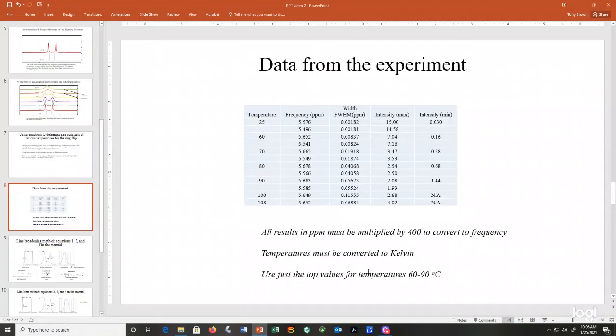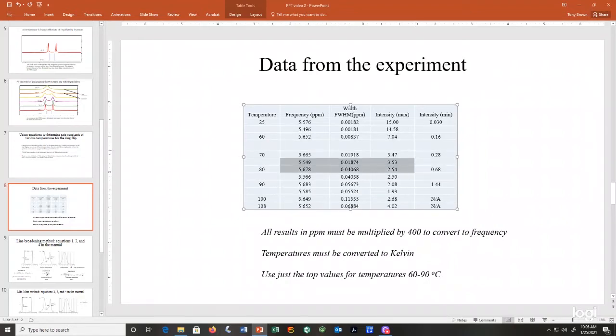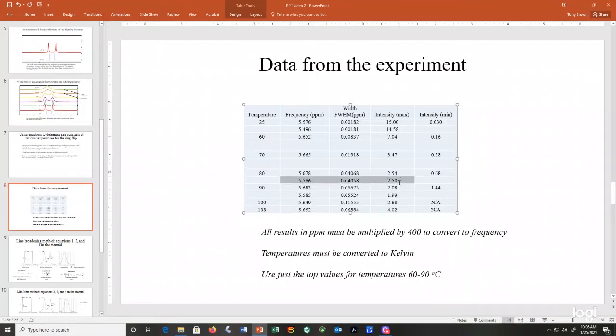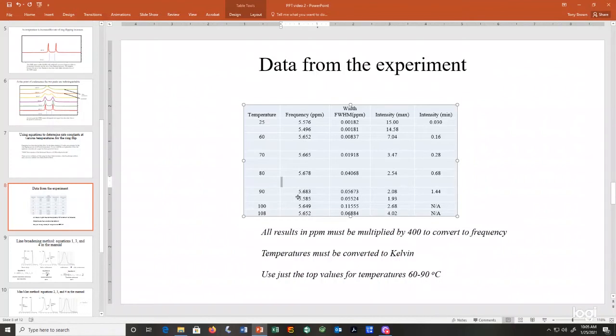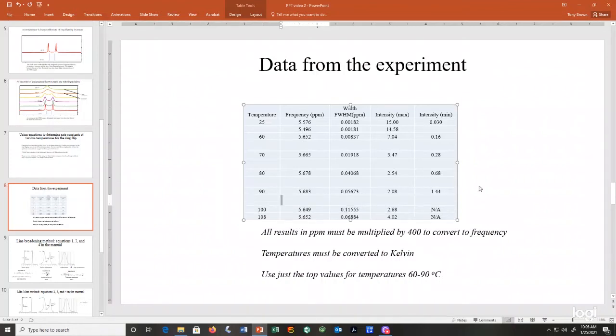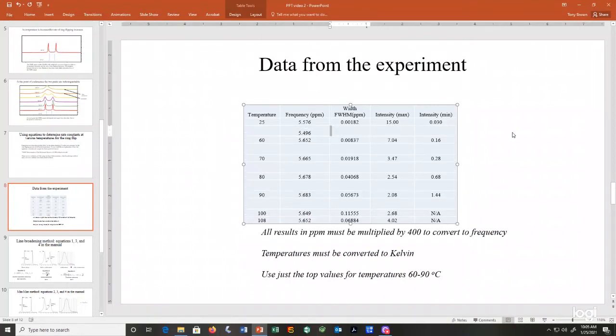We're just going to need the top values, so you can go along and virtually get rid of the second line for each of these temperatures. And right there. Okay, and we're not going to need these two values right here, so they could probably be eliminated as well.